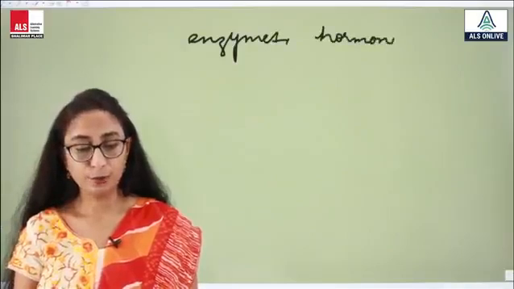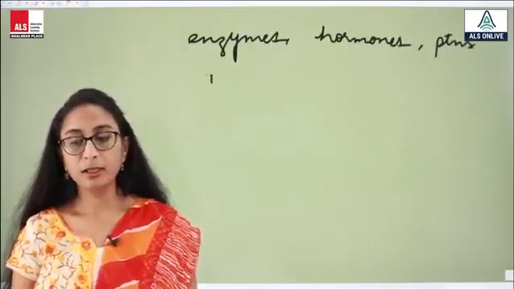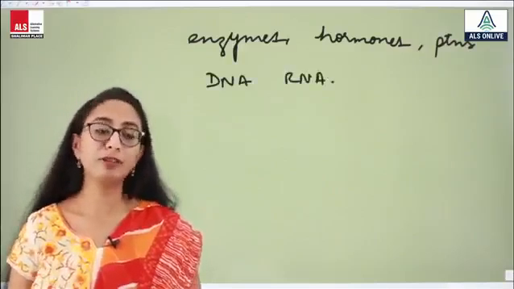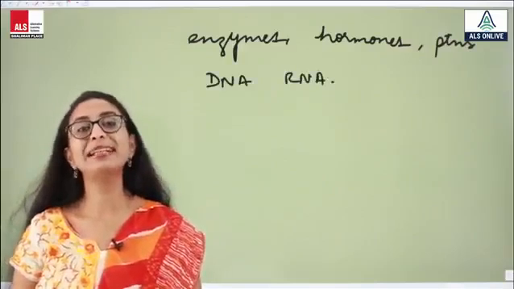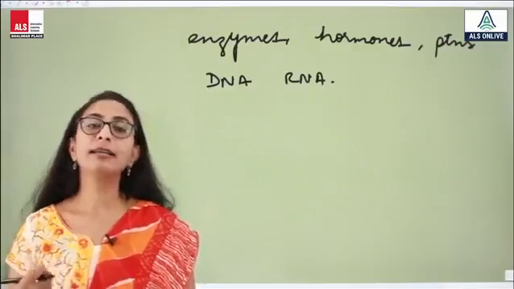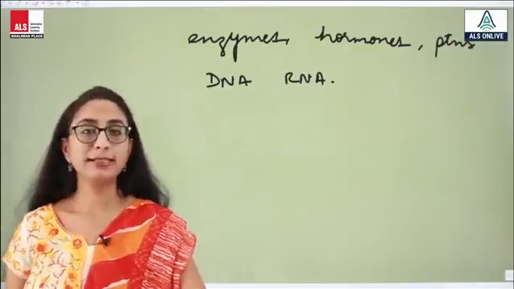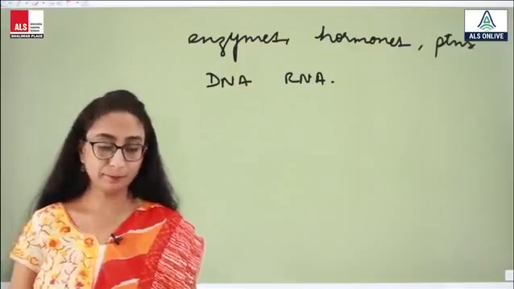So these chemicals which are produced in a body, such as enzymes, hormones, proteins, and DNA, RNA, all these are biochemicals. Okay, the study of this is called biochemical method. It's as simple as that, isn't it? What is biochemical method? The study of the chemicals produced in a body. The chemicals can be enzymes or hormones or DNA or protein or any such components. So studying that is all about biochemistry or biochemical method.